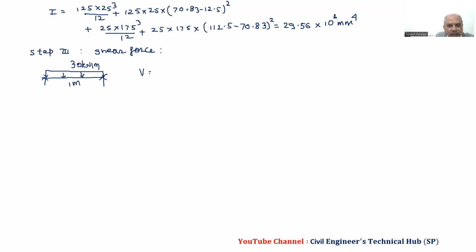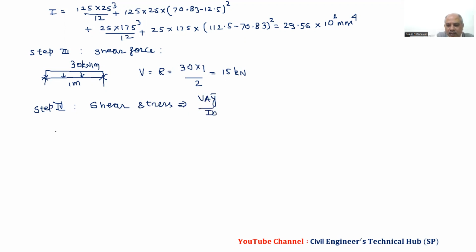Therefore, V equal to R equal to WL by 2, and we have this as 50 kilonewton. Then we have step 4, shear stress, and we know the formula for shear stress, that is V A Y bar upon I B.